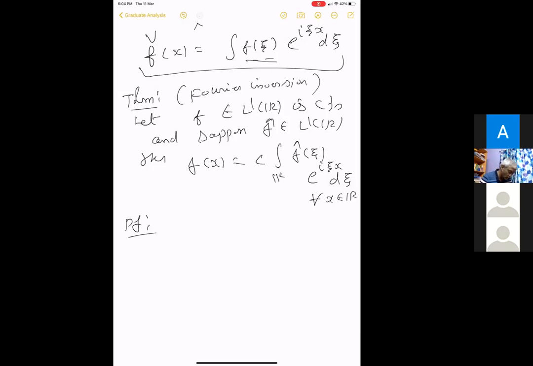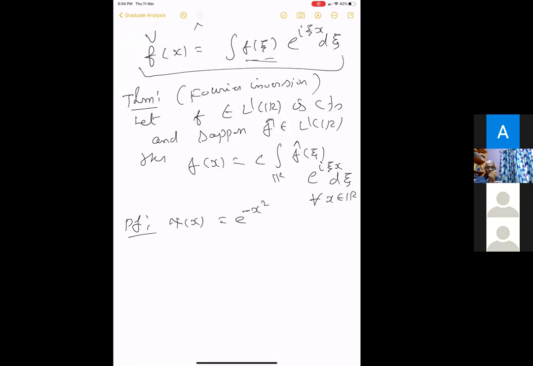So let us take a function, chi of x equal to e power minus x square, or any function which vanishes at infinity.